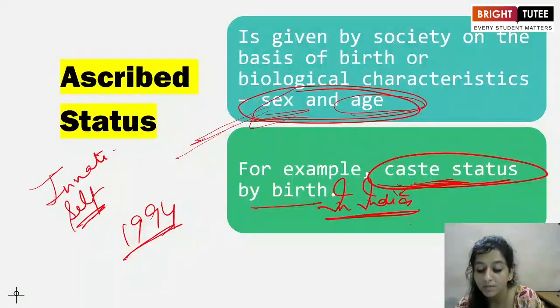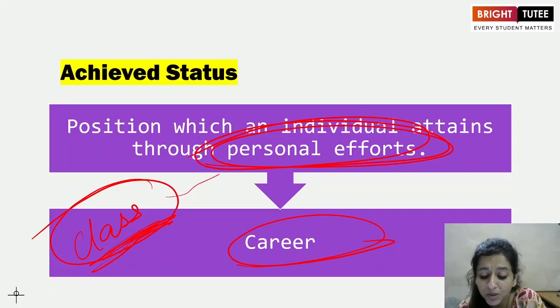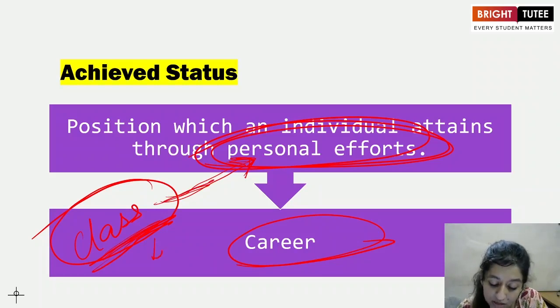We talked about how in India caste is an ascribed status. Here, your class becomes an achieved status, wherein even if you're born in a family of lower economic strata, you can still, with your personal efforts, move from a lower class family to a high or a middle class family.